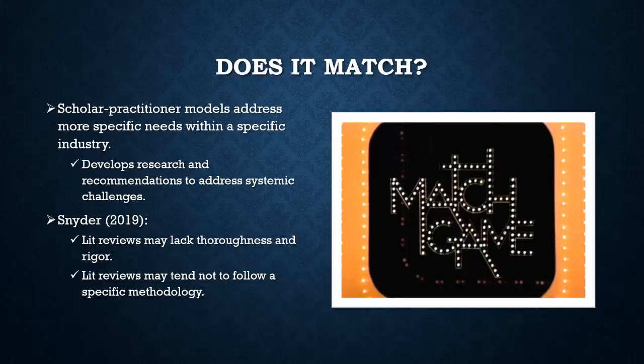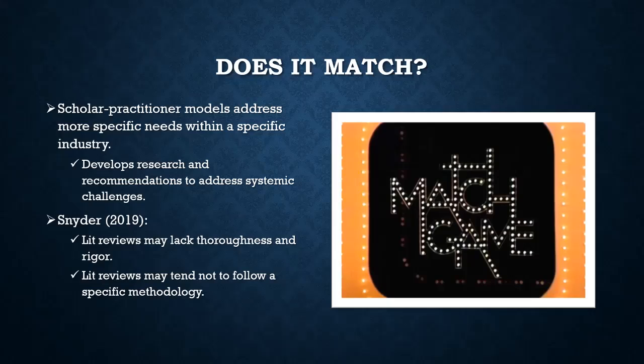As a scholar practitioner, using this particular model addresses the more specific needs within a specific industry. One thing to note is that it develops the research and the recommendations to address systemic challenges. Snyder had noted that the reviews conducted by other researchers and by conducting lit reviews may lack thoroughness and rigor, as well as not follow a specific methodology.